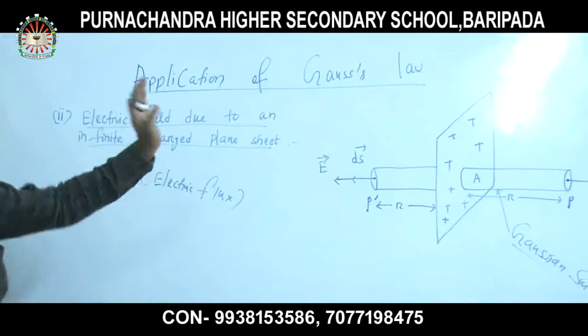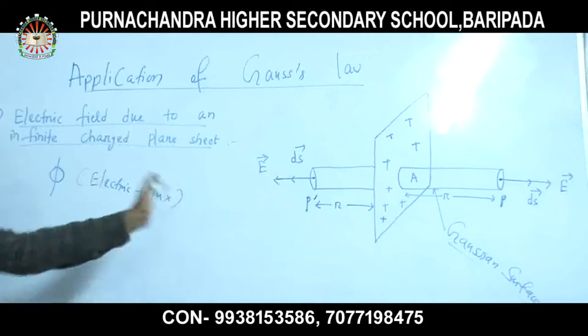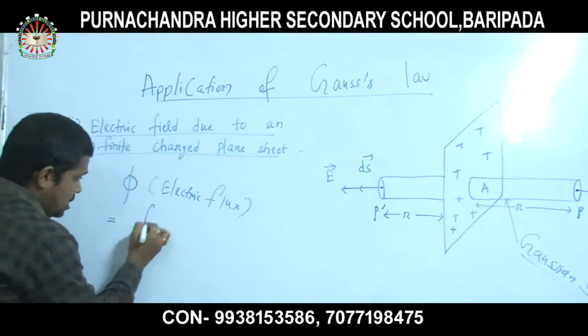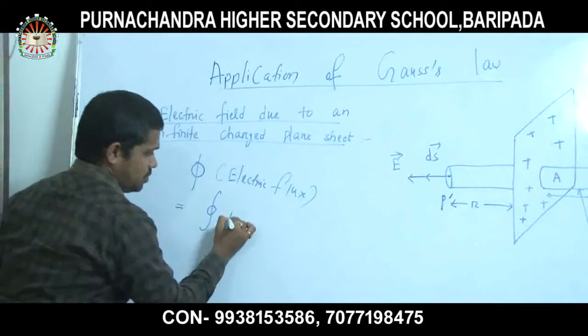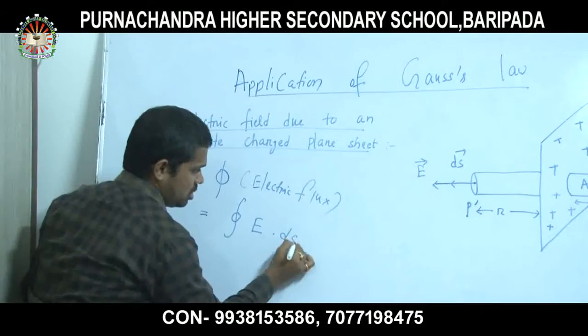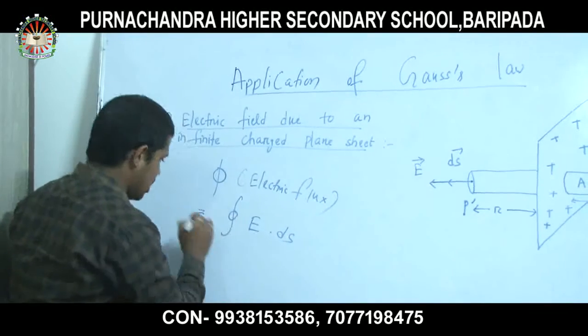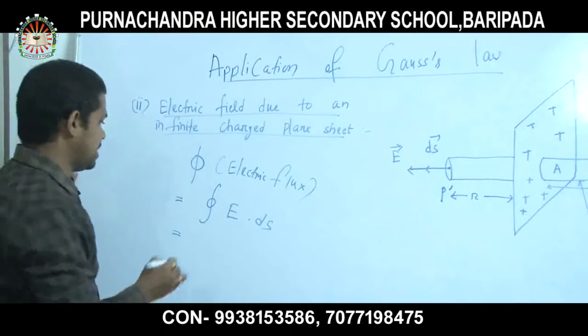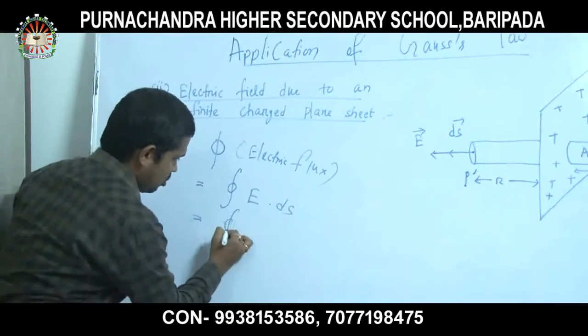That means for the point P, it's simple, and for the point P dash. So phi is equal to, what is the formula? Let us take the same formula, that is the closed surface integral of E dot ds over the whole surface area. So that implies closed integration.